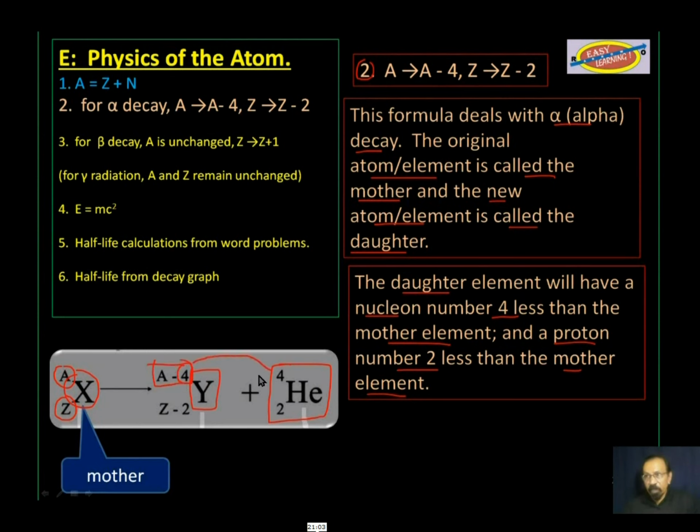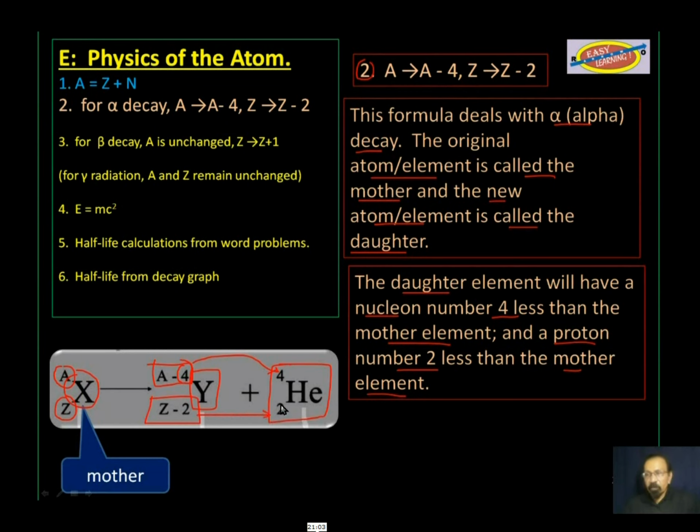That's because of this 4 here. And so the nuclear number of Y is 4 less than X. And the proton number of Y is 2 less than X. That is because of this 2 here.